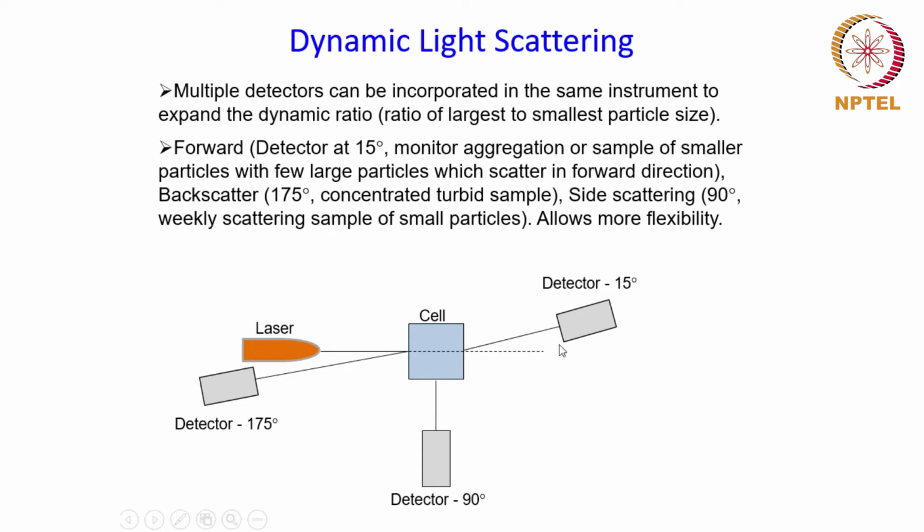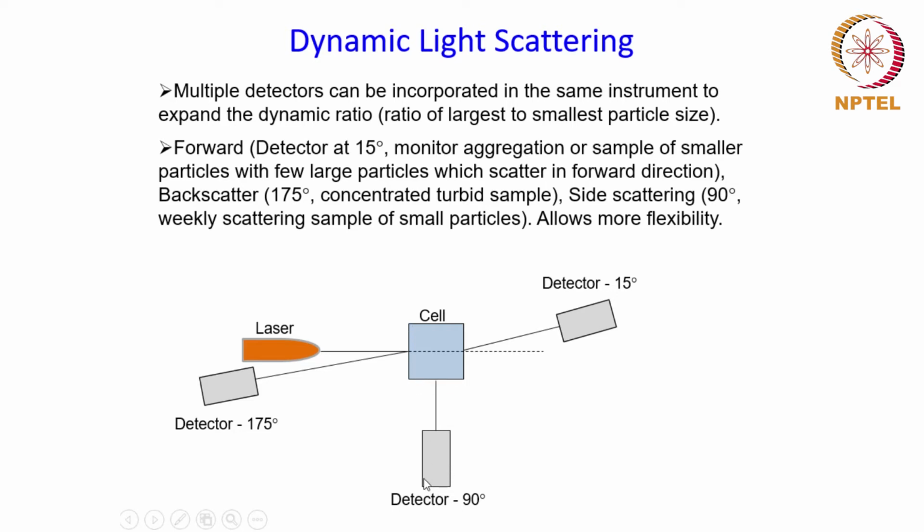where you can see a detector at 15-degree angle, which is to capture the forward scattering. And apart from that, you can also see two more detectors, one at 175-degree angle, which is basically to capture the backscattered signals which come out from this front wall of the sample cell.